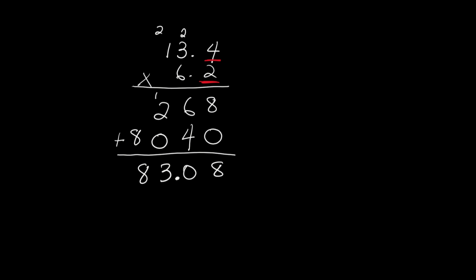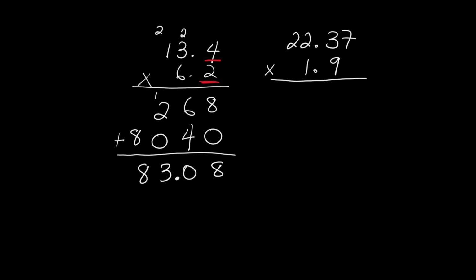Now let's take a look at another example, and I'd like for you guys to try this for yourself. Now let's say we had 22.37 multiplied by 1.9. Go ahead and try this one for yourselves, guys. You can go ahead and pause the video. Now, to get our answer, we simply multiply as we usually would.